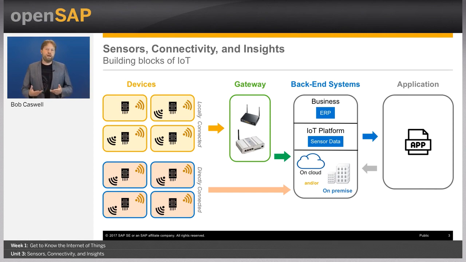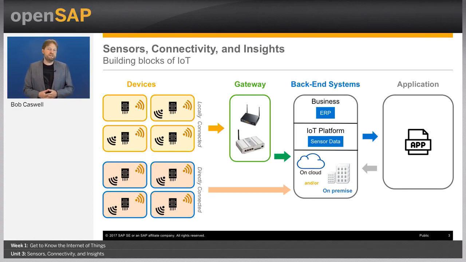It's important to note that I'm using the term backend systems somewhat liberally. These various backend systems for business data and sensor data are often running in the cloud, meaning in a data center not necessarily central to where the business itself is located. Or these systems can also be running on-premise, meaning on systems located exactly where the business itself is located.